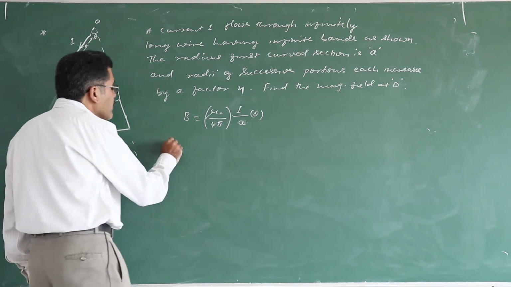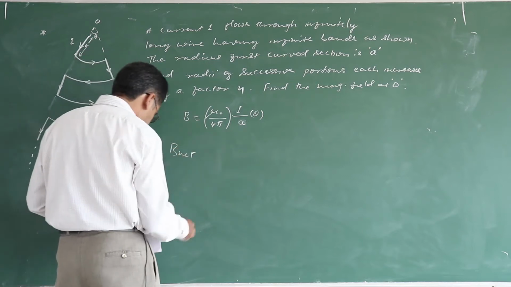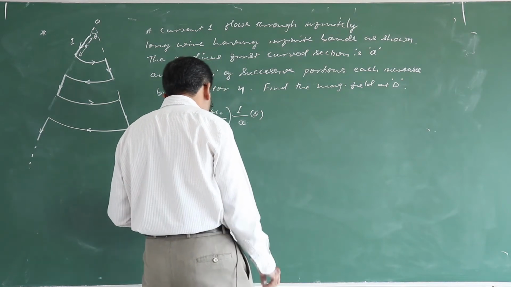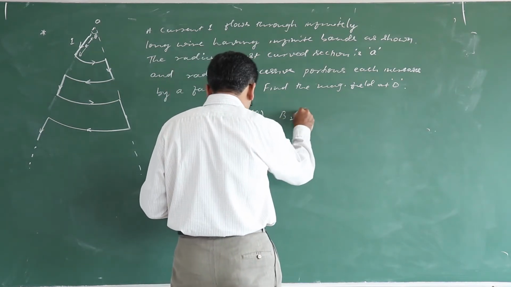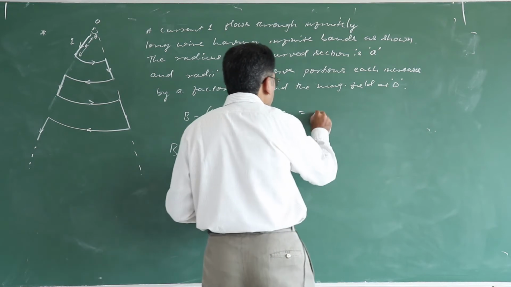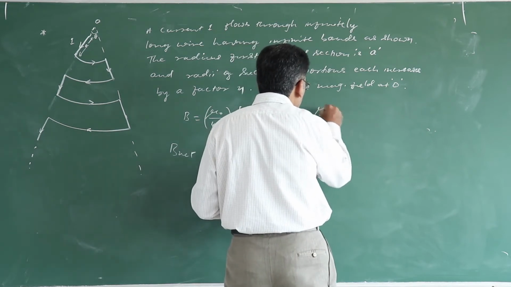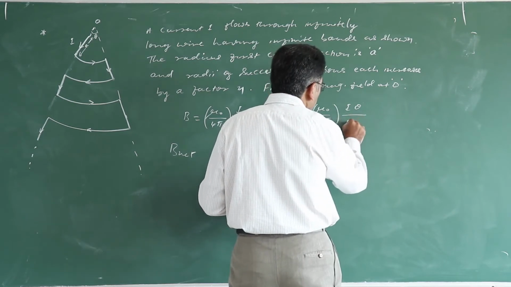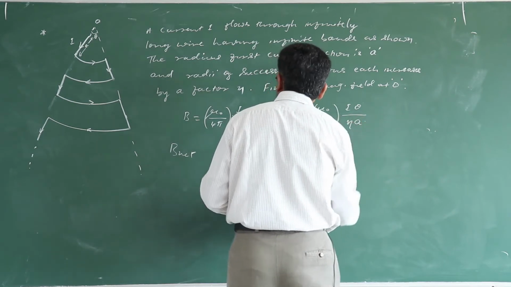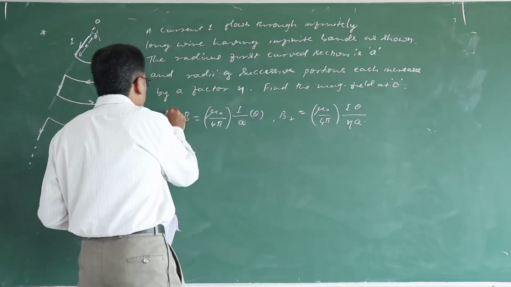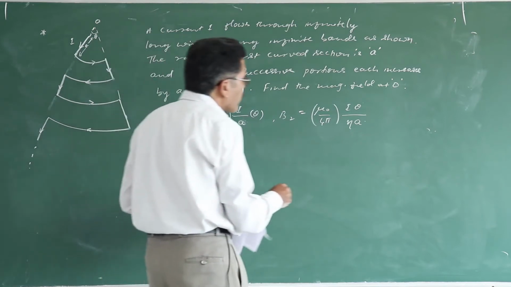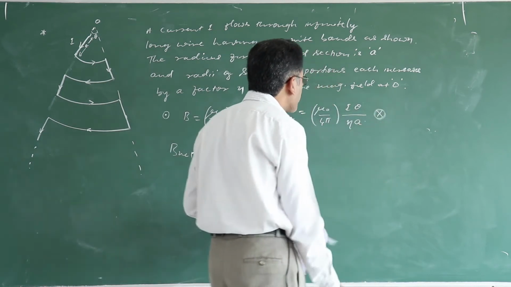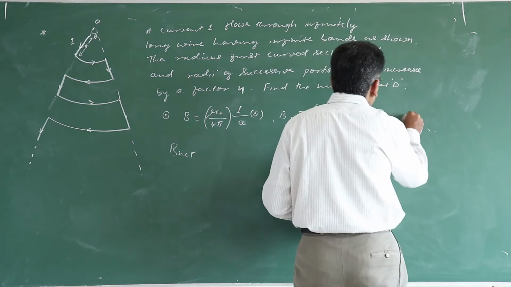Therefore what is the net magnetic field? If you take the second one, B2 is given by mu naught by 4 pi I into theta divided by n into A. Here the magnetic field is perpendicular to you and away from you. Then what is B3?